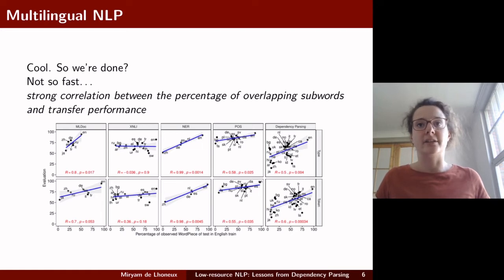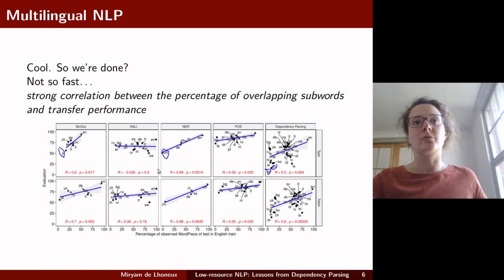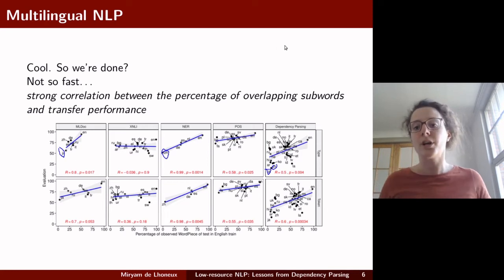And we can see in this figure this correlation, and we can see that for some languages like Chinese, Japanese here for dependency parsing, Chinese here for NER, our models perform really poorly. So we're not quite done.